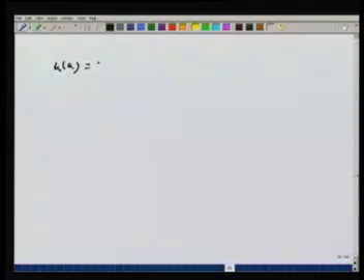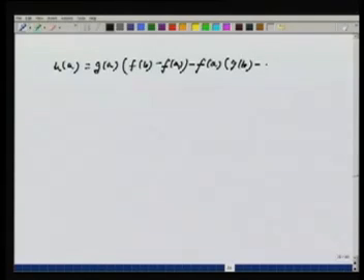Well, what is h(a)? So h(a) then is g(a) into (f(b) minus f(a)) minus f(a) into (g(b) minus g(a)). If I expand this, f(a) and g(a) cancel each other, so we just open it up and check what happens.